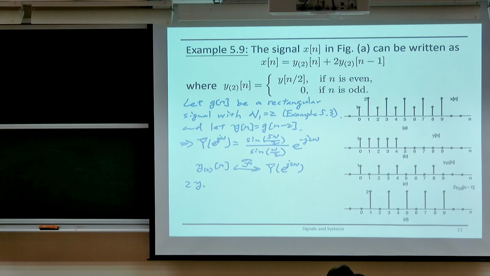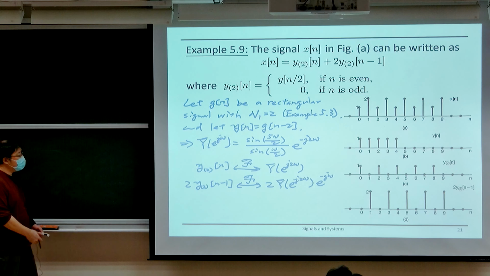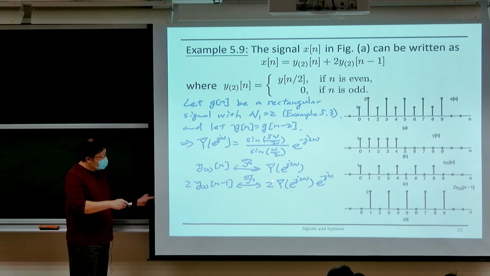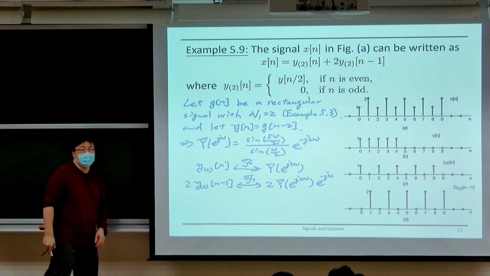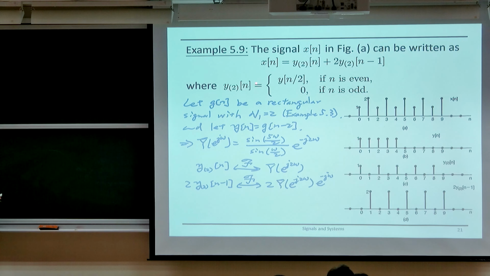And 2 times y_2[n-1] is just 2 times Y(e to the j 2 omega) times a phase shift. This 2 accounts for this 2, and this phase shift accounts for the time shift in the time domain. So the Fourier transform of x is just the sum of the Fourier transforms of these two.